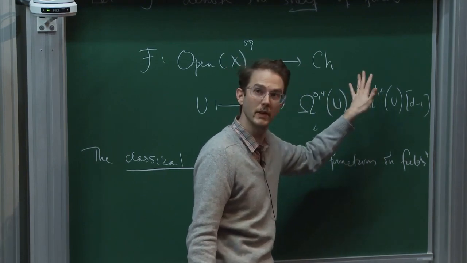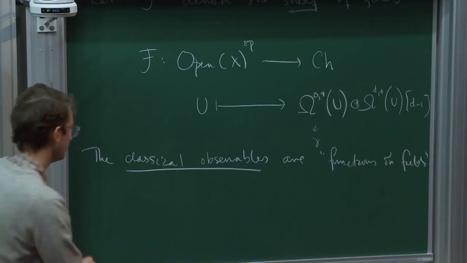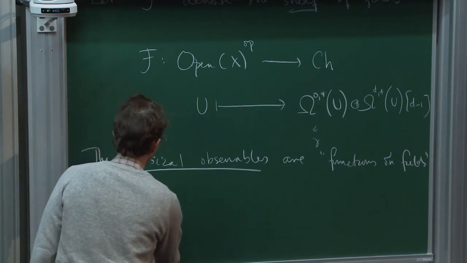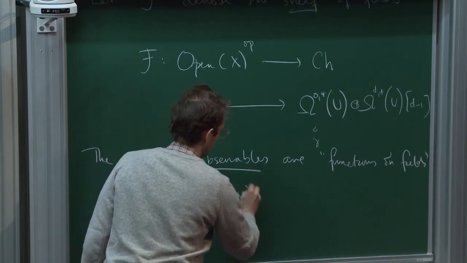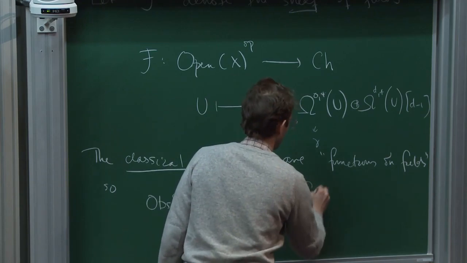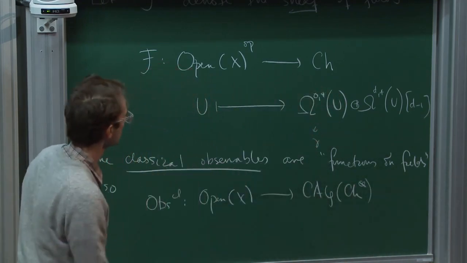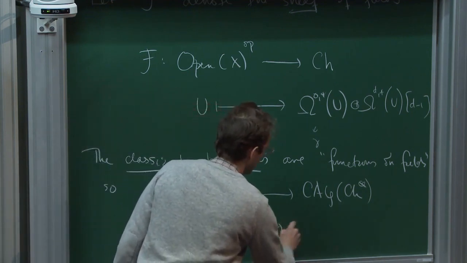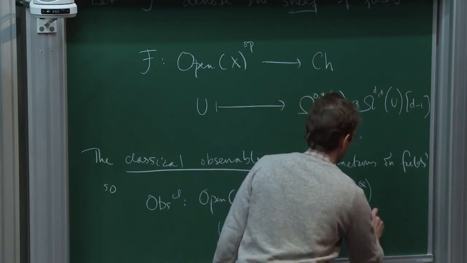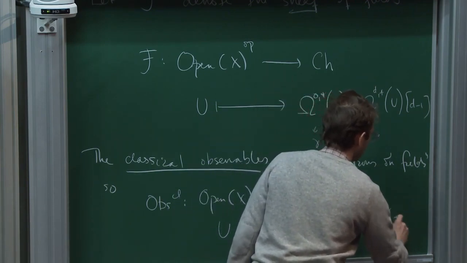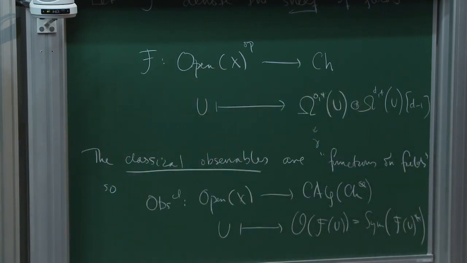And I'm totally going to suppress the functional analytic issues you have to bear in mind. So they define a functor the other way to commutative algebras in chain complexes, which I'll loosely say is functions on F of U. So something like the symmetric algebra on the linear dual of F of U. Polynomial functions on the fields.